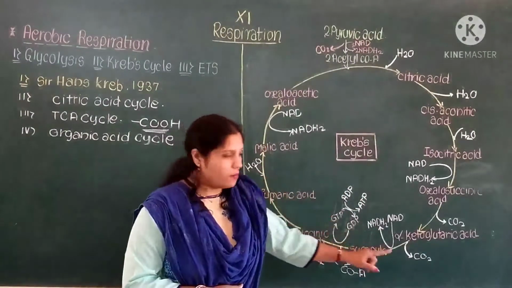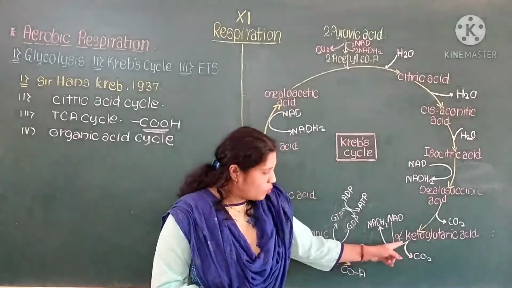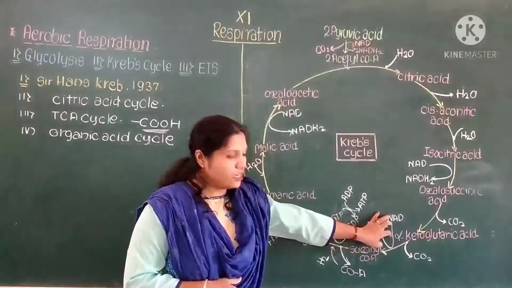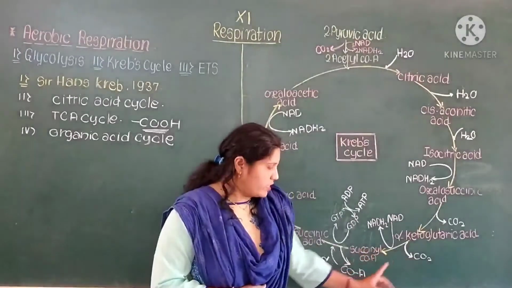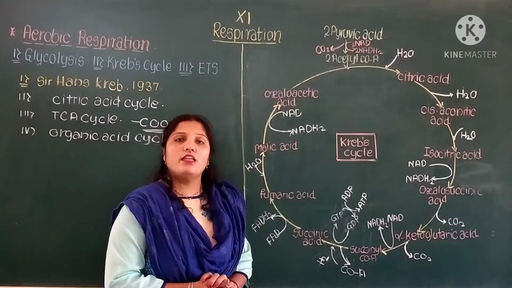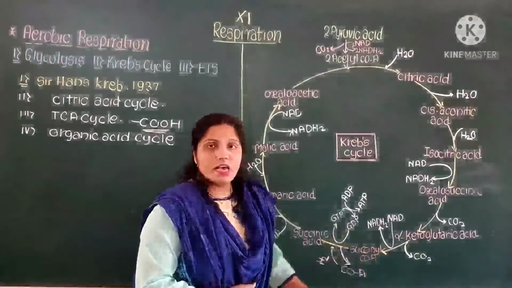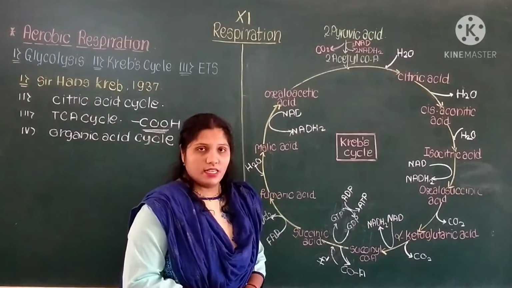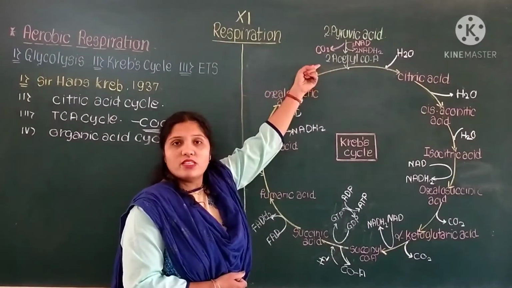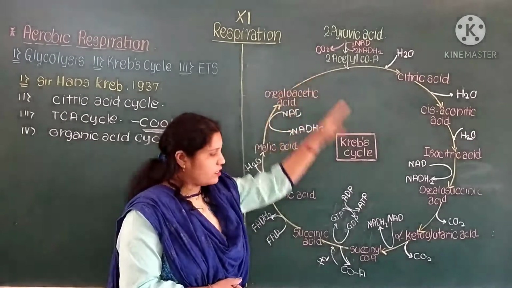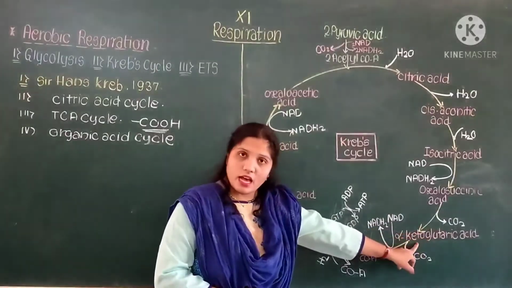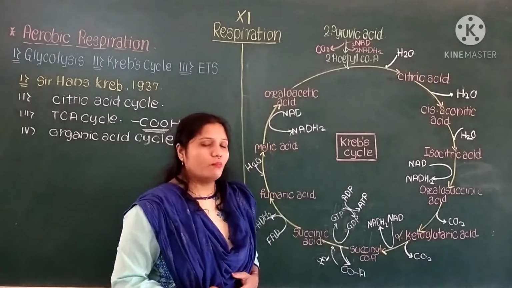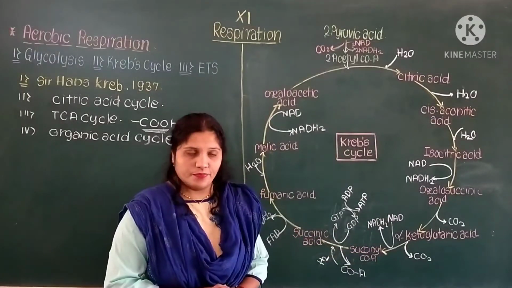At the same time, there is decarboxylation, that is, removal of carbon dioxide. After the oxidation and decarboxylation, it gets converted into succinyl-CoA. The enzyme required is a dehydrogenase enzyme, the same as seen in the link reaction. Here also alpha ketoglutarate converts into succinyl-CoA in the presence of that dehydrogenase enzyme.